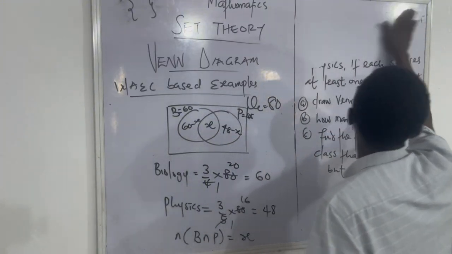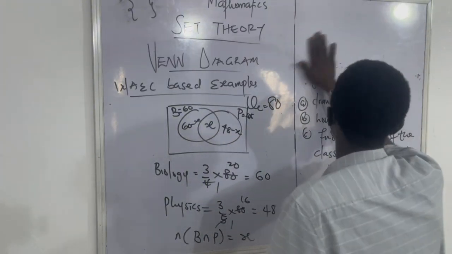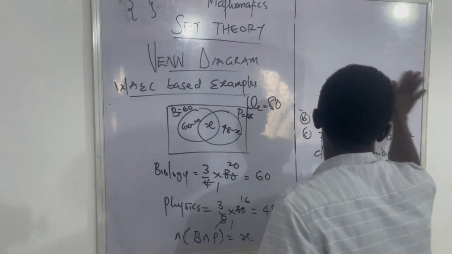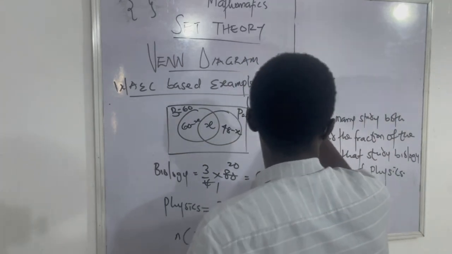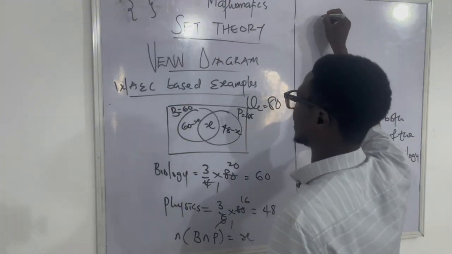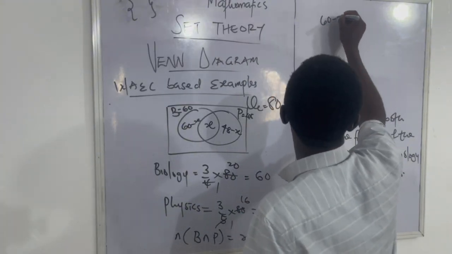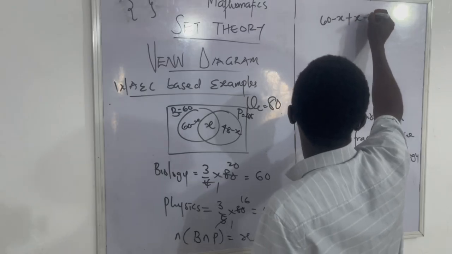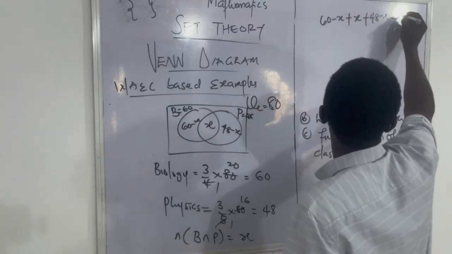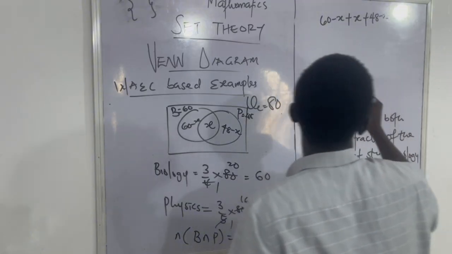So 60 minus X plus 48 minus X equals 80.